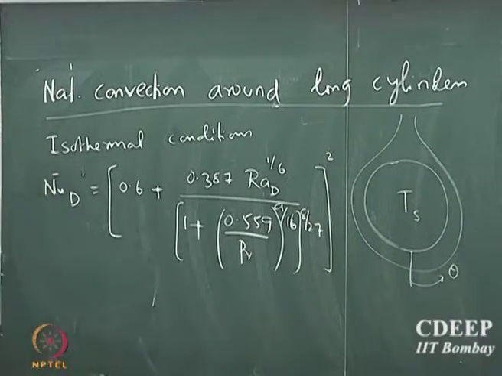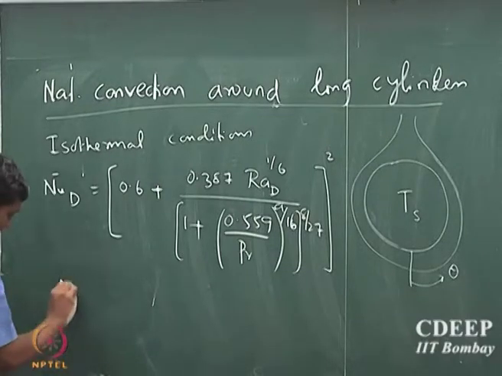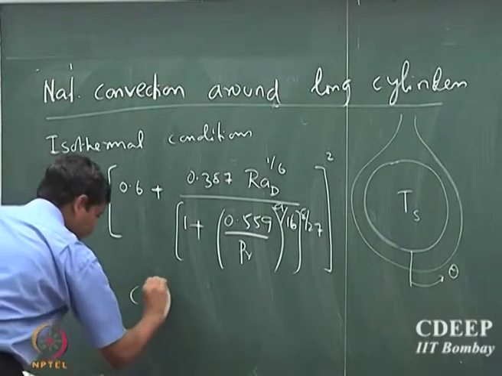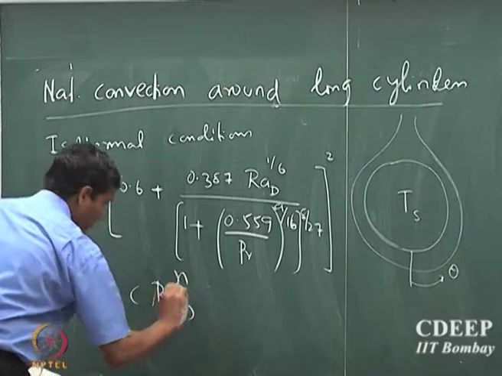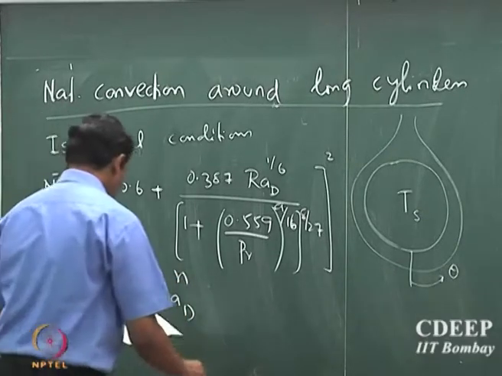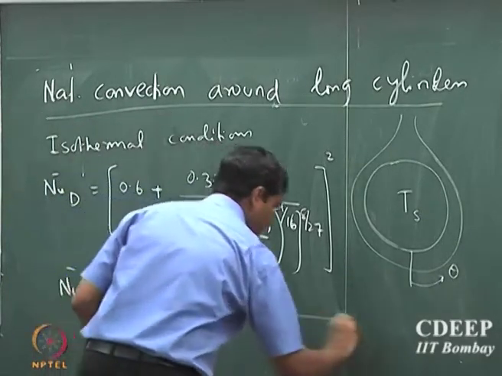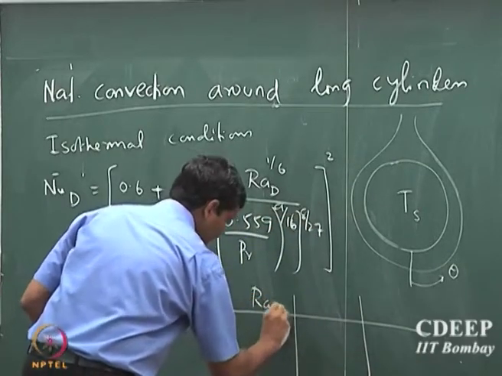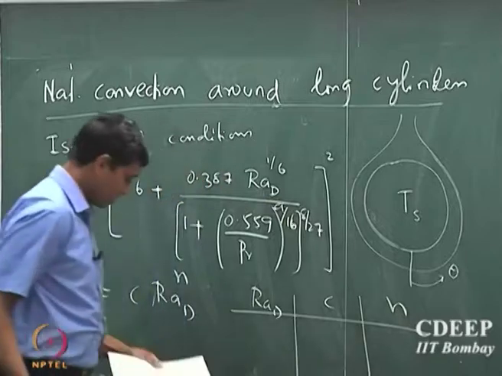Okay. This is a general correlation for these kinds of problems, and there is also an alternative correlation given by some C times the Rayleigh number to the power of n, and there is a table which tells you what these constants are for various values of Rayleigh number.